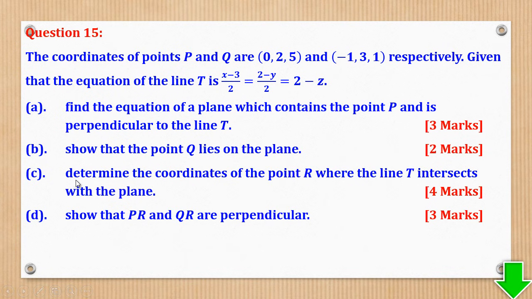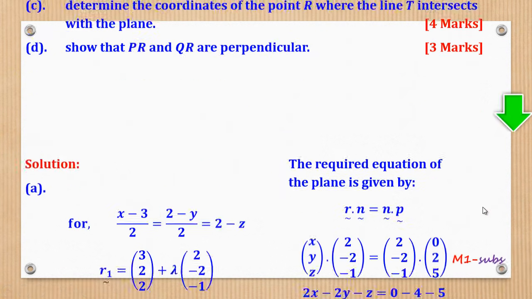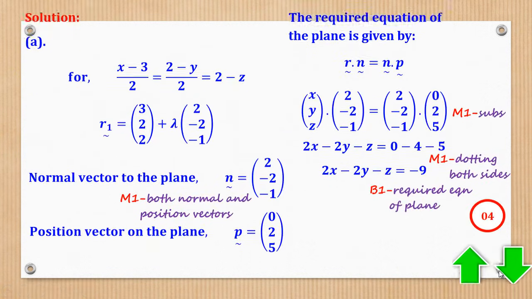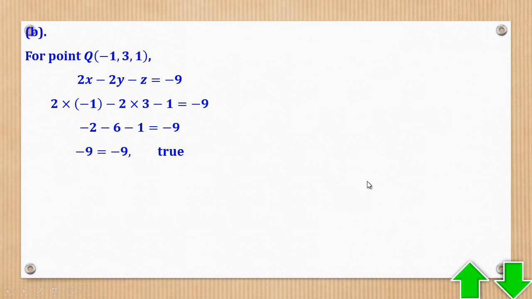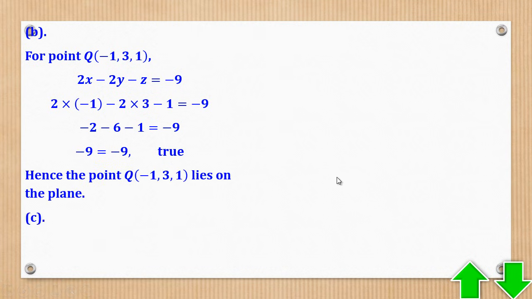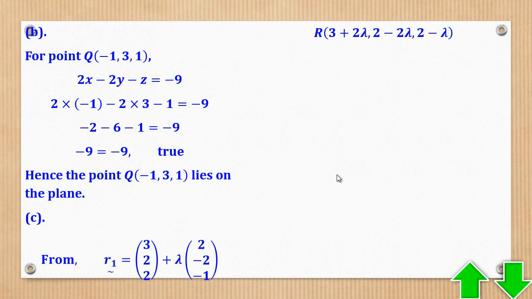Part C, determine the coordinates of the point R where the line T intersects with the plane. So for the intersection, the coordinates of the foot of the perpendicular, we need to get parametric equations. So from that, we have this point, coordinates of point R given in parametric form, x, y, z.